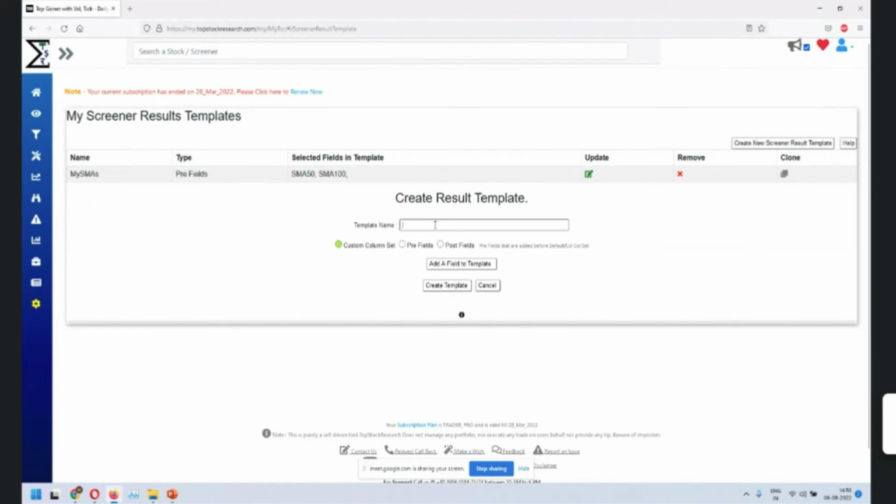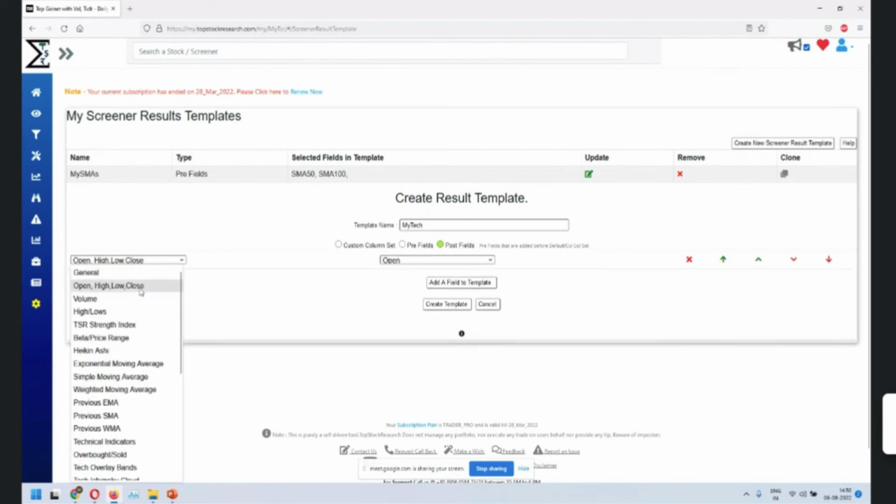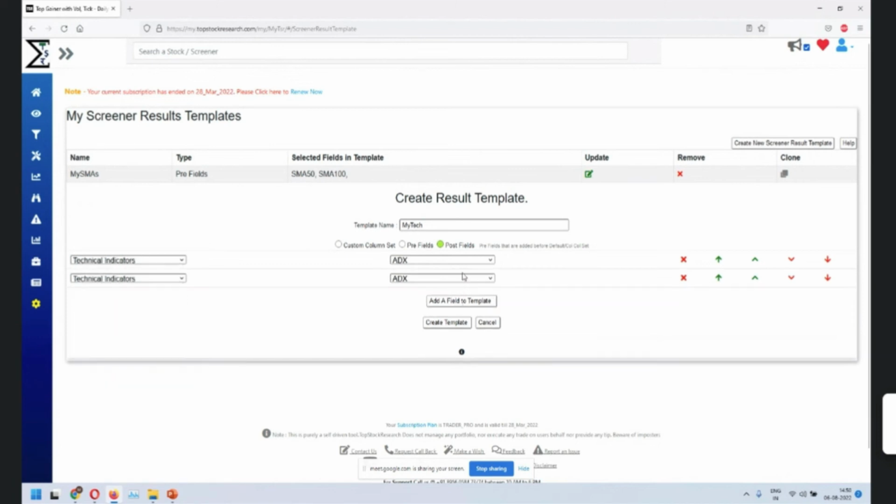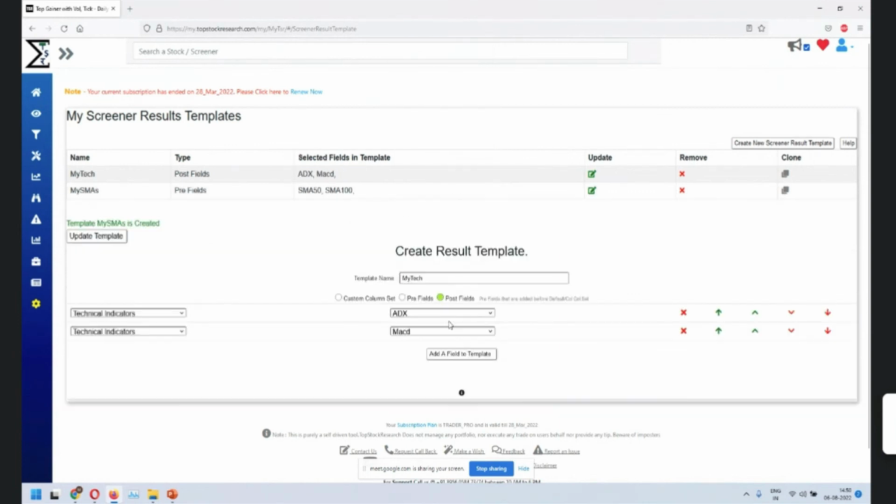So let's say you give it a name as post field, my tech, for the sake of doing it, and you can have some of the technicals, ADX, MACD, and then you create a template, right?